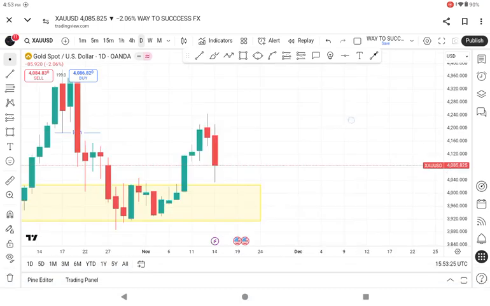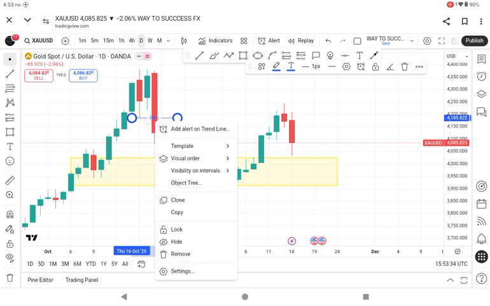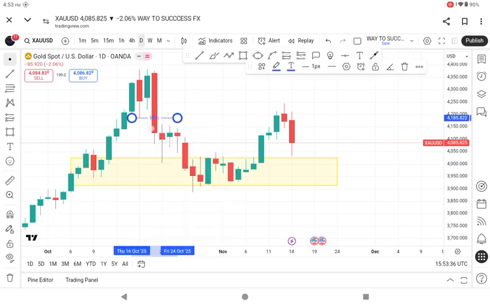Here at this level, you can see that this red candle takes out the low of the green candle and pushes to the upside. So that is already a valid pullback for me, and that is now my inducement level.